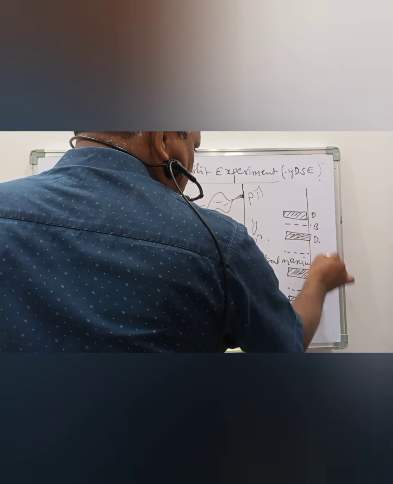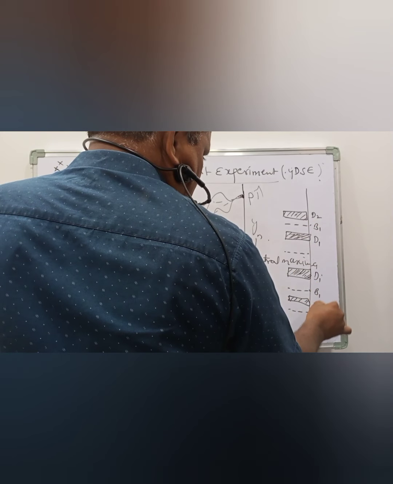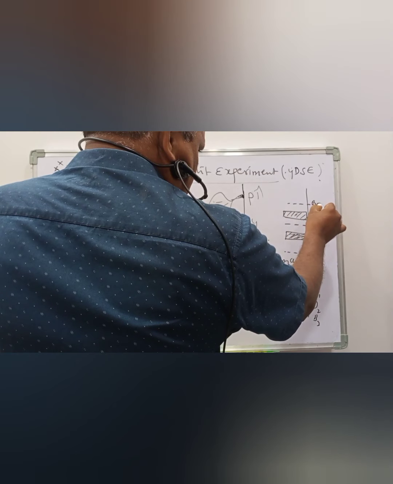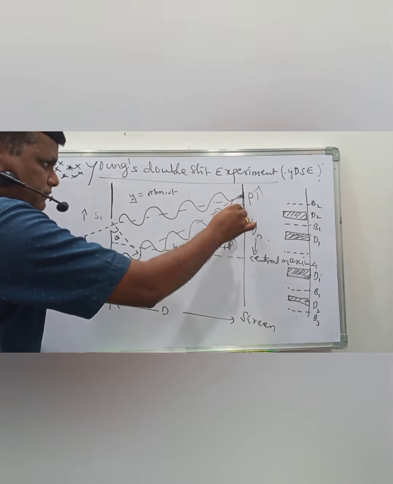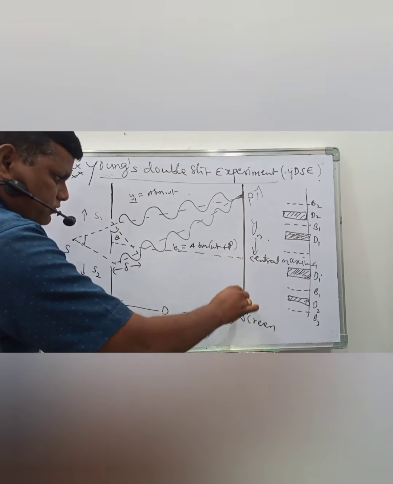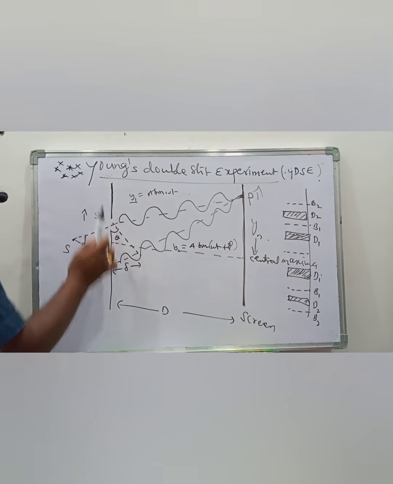See D1, D1, this is B1, D2, and B2. Here is another bright fringe B2. So this is the interference pattern which takes place by the two light waves illuminated through the slits S1 and S2.